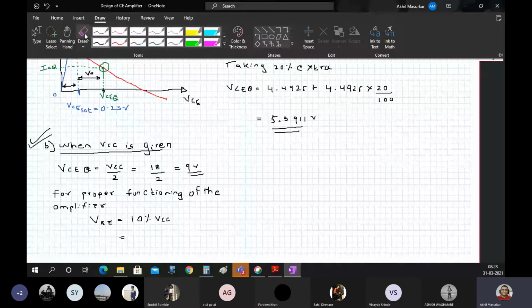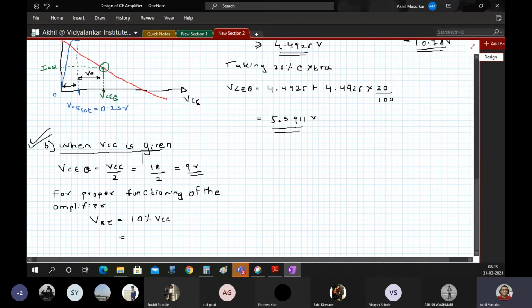We will take 15% for our calculation, into 18. So I think this should be 2.7 volts. So we have taken 15%. Fine.